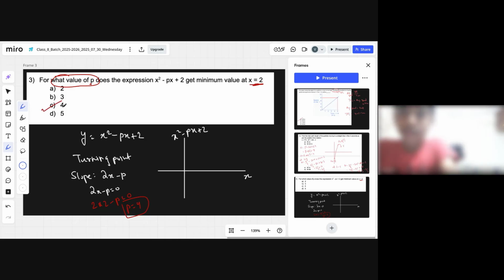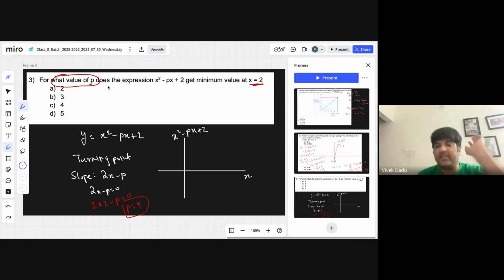Sir, I didn't get it, sir. Like, the expression should get the minimum value at x equal to 2. What does that mean? That this point must be 2 comma something. Yes or no? Yes, sir. Because this minimum point should be 2 comma something.